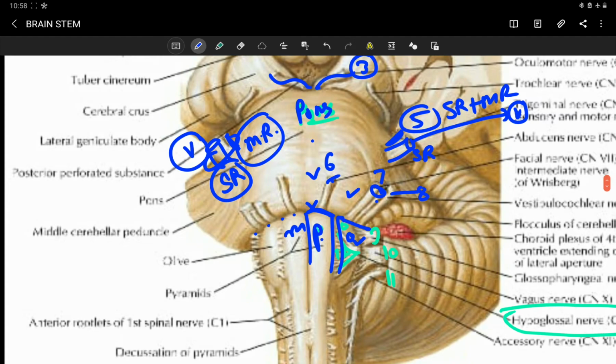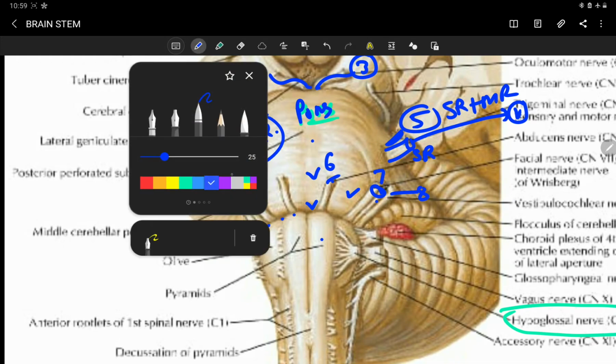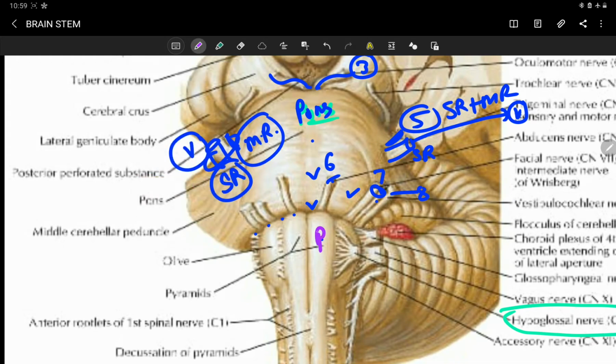I told you that you can see the olive here. At the medulla, this is your pyramid and this is your olive. First of all, I am erasing all this and further discussing.